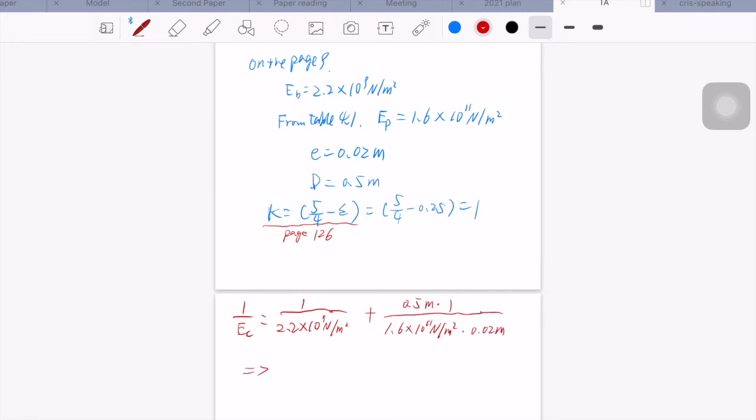So we can get that the EC equals 1.64 times 10 to the power of 9 Newton per square meter.